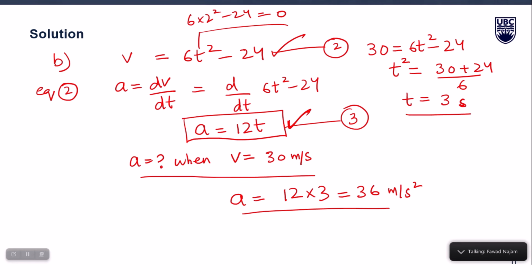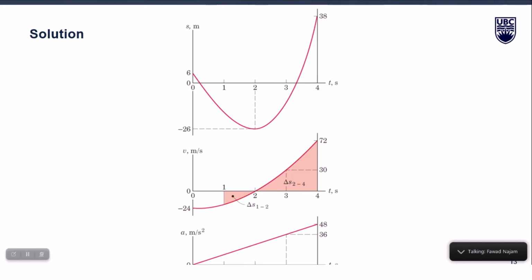If you plot all three equations, you will find something like this, that we already have determined. The second equation was v is equal to 6t square minus 24, and that linear line is actually a is equal to 12t, right?